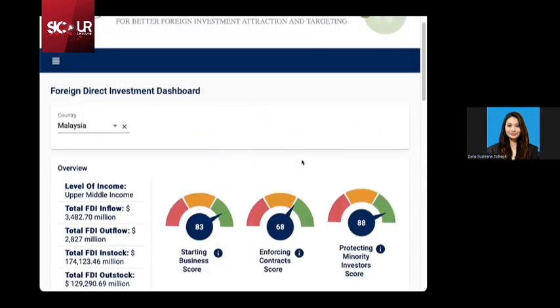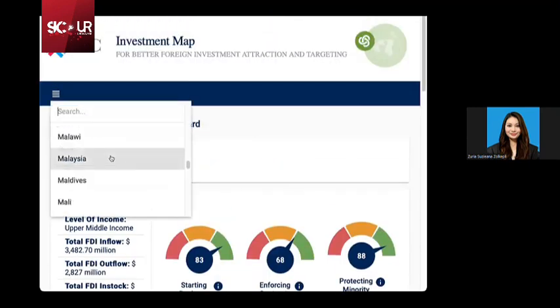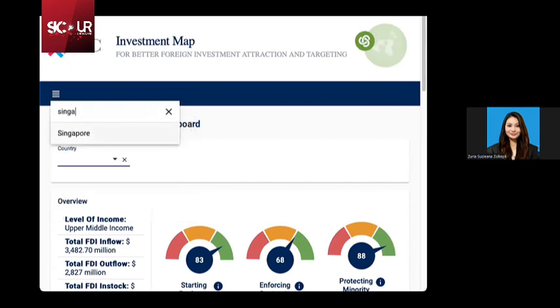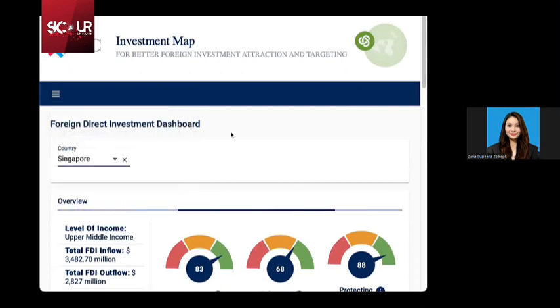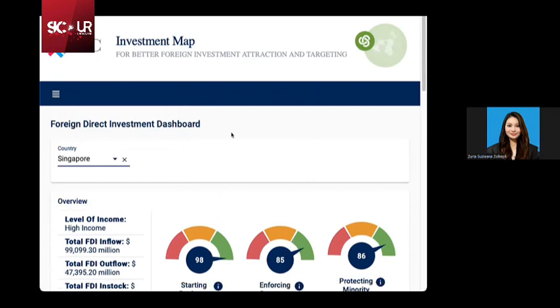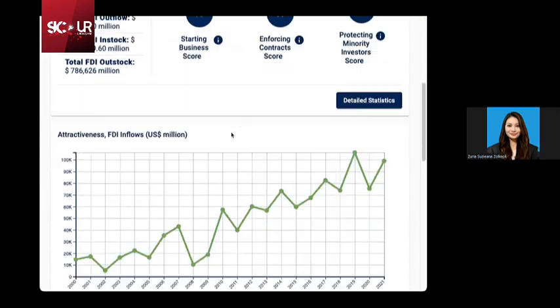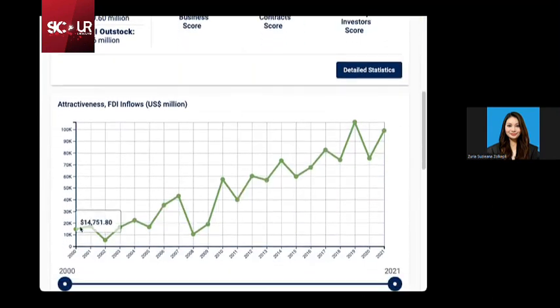You can choose any country here, but some countries don't have full data. In Singapore, you can see that it has been increasing, compared to our country. Our FDI has been declining or decreasing since 2018.